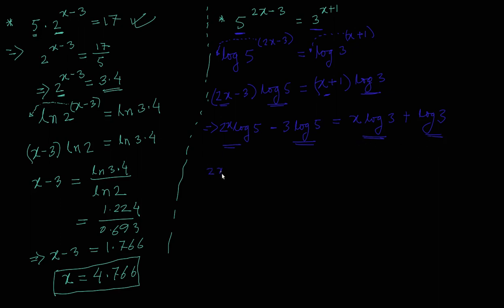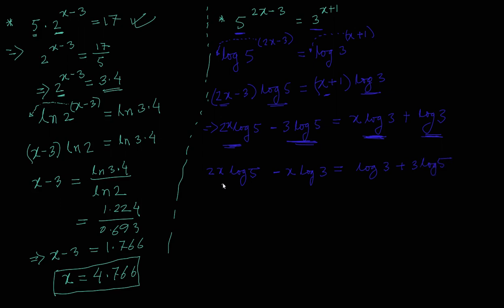I have 2x logarithm 5, and now I'm going to bring this logarithmic expression to the left hand side, so it will be negative x logarithm 3 equals logarithm 3, and I'm going to bring this term to the right hand side, which will be positive 3 logarithm of 5.